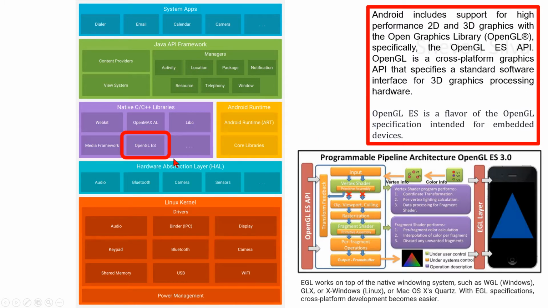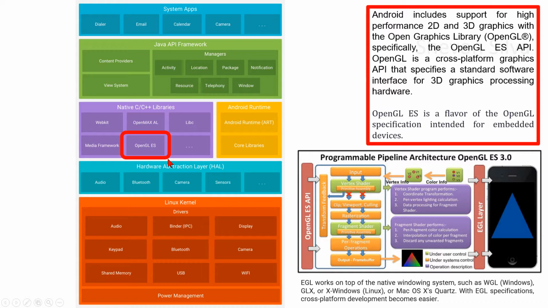Now we are considering OpenGL ES. Android includes support for high performance 2D and 3D graphics with the Open Graphics Library, OpenGL, specifically the OpenGL ES API. OpenGL is a cross-platform graphics API that specifies the standard software interface for 3D graphics processing hardware.